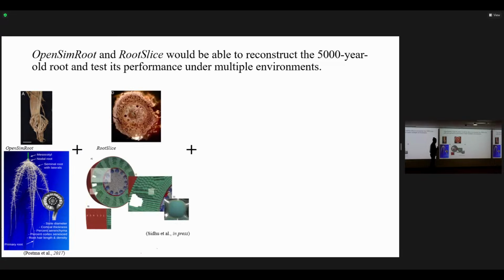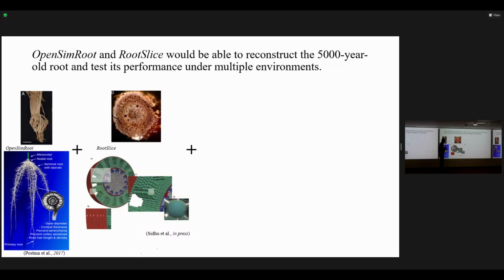And we also have another model called RootSlice that was recently published this year, with which, from the anatomy, we can estimate the root maintenance and root construction costs that, as we talked about before, are important for plant performance. So we can simulate both.